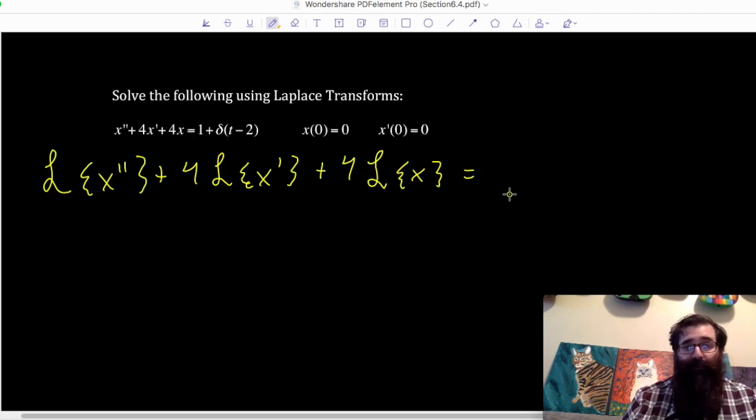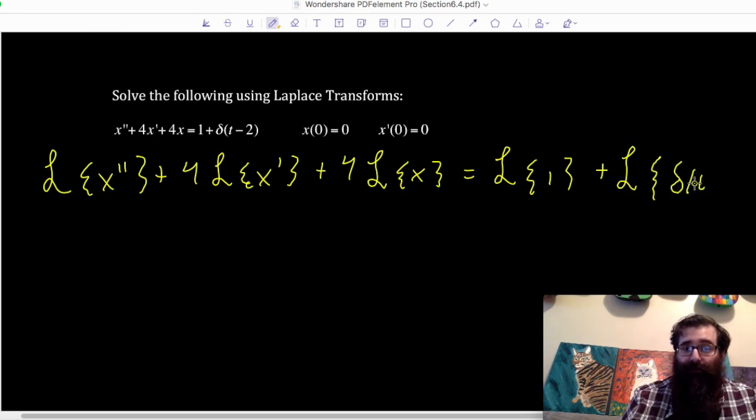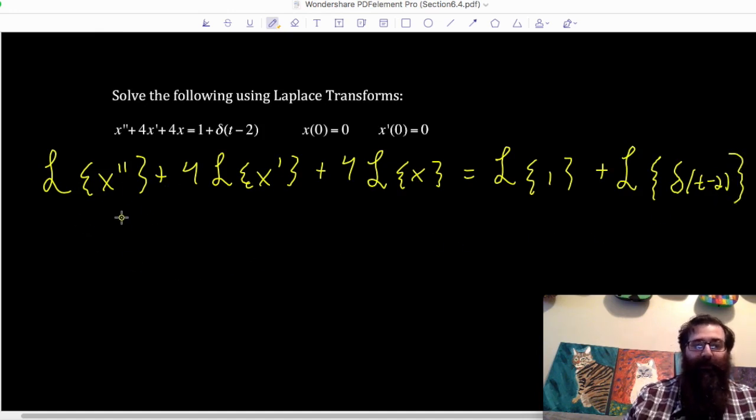I'm going to take the Laplace Transform of it, and then I'm going to split it up with linearity. So the Laplace Transform of 1 plus the Laplace Transform of delta of t minus 2. And I can start using the identity.